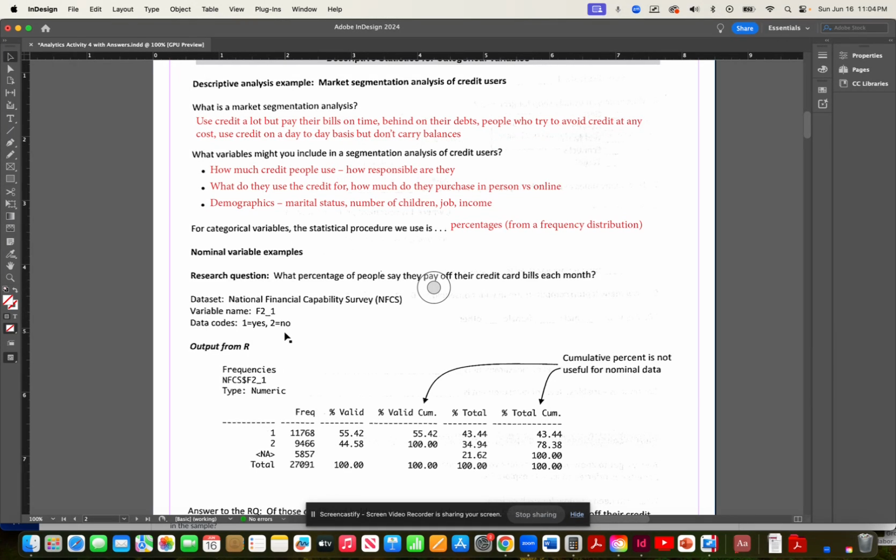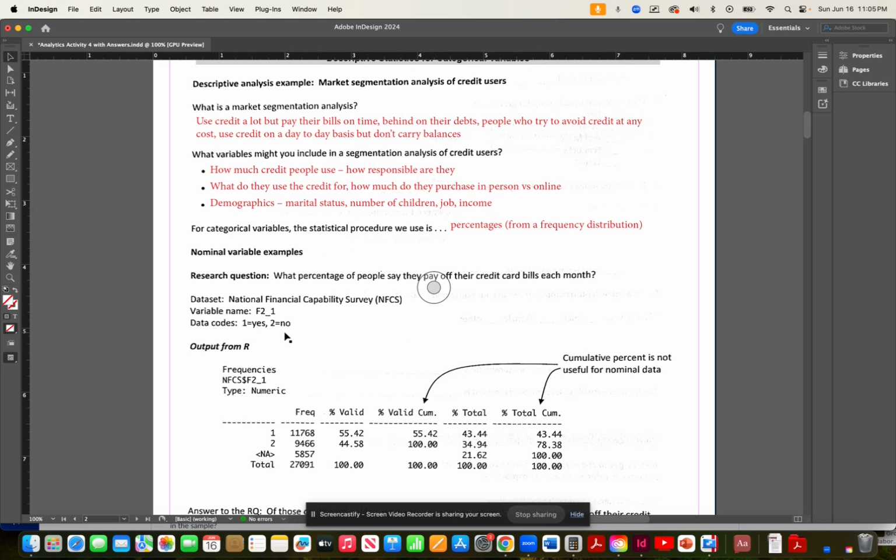So this is an example of nominal data. It's a category. It's either yes or a no. And the National Financial Capability Survey, I'll give you a little background information on there. That's something that's done every 2 or 3 years where people are surveyed based on their credit use and different things related to finances.